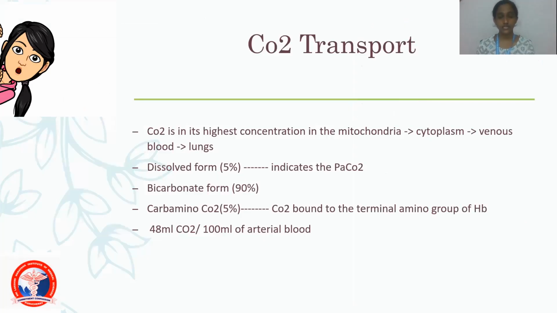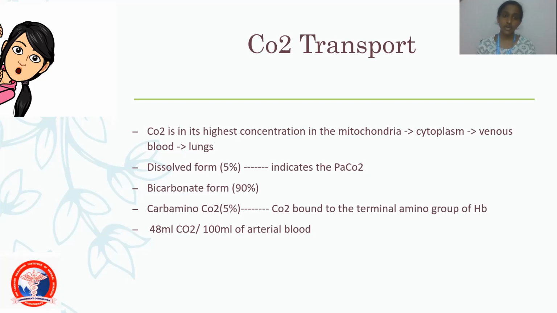So coming to the next slide, which is carbon dioxide transport. Carbon dioxide is present in its highest concentration in the mitochondria. Carbon dioxide has to be carried from the periphery and exhaled via the lungs, so it also needs to be transported via the blood.